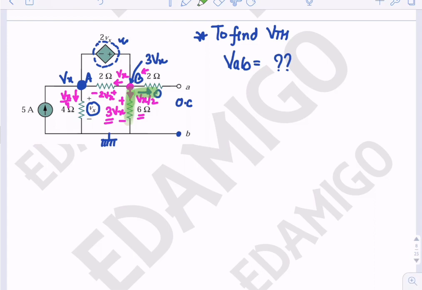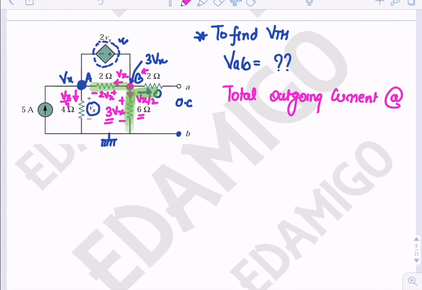Now applying KCL at node B, the current here is 0, here the current is 3Vx by 6, that is Vx by 2, and here the current is Vx. So the total outgoing current at node B is Vx by 2 plus Vx, that is 3Vx by 2. So the incoming current, this current, is equal to 1.5 Vx.